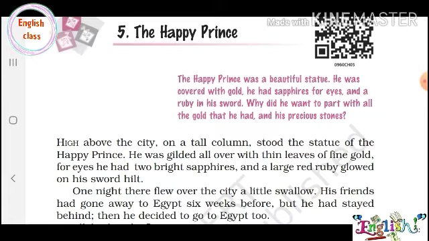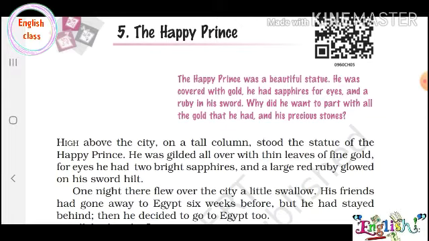And here also red ruby is also a red precious stone. And glowed means shining, brightening. And hilt means here the handle of a weapon.